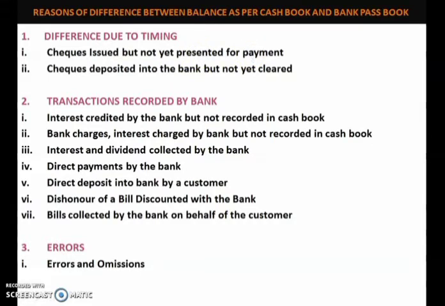So we have recorded it in the cash book, but the same is not recorded in the passbook. At the end of the accounting period, when we went to the bank to check, we saw that in the cash book this payment was recorded, but the passbook has not recorded this payment because he has not presented that check. Because of that situation, the difference has arisen in cash book and passbook.